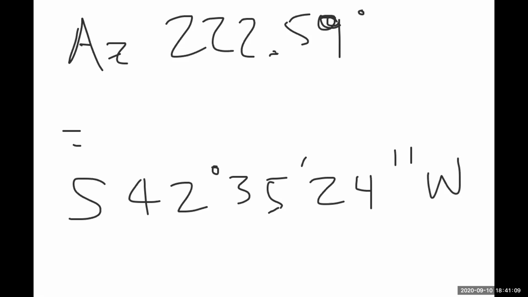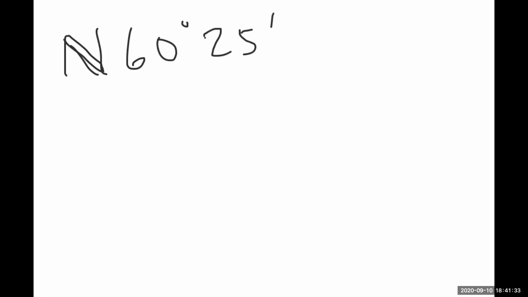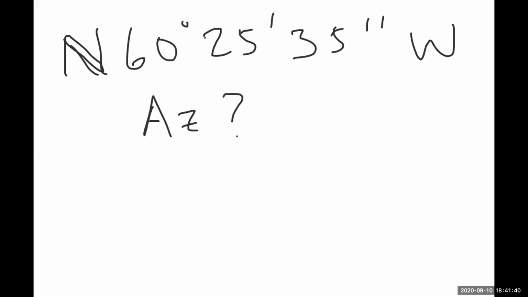Now let me come back. Now if we had to go back the other way, if I had a bearing of north 60 degrees, 25 minutes, 35 seconds west, and I say, what is my azimuth?